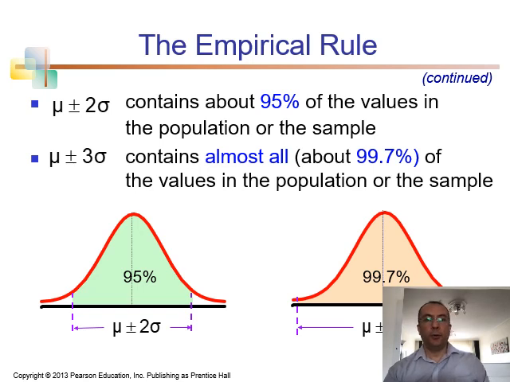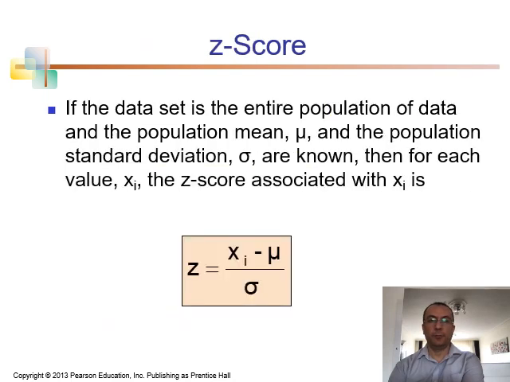Now, if you go mu plus minus 2 sigma, that will give you 95% of the values. If you go mu plus minus 3 sigma, that will give you almost all, like 99.7% of the values in the population or the sample. This is called the empirical rule.